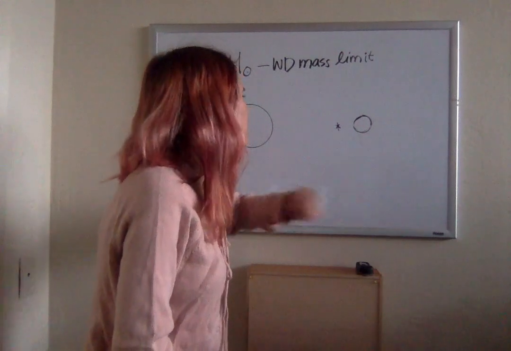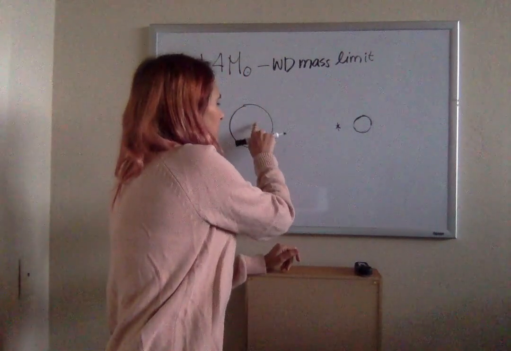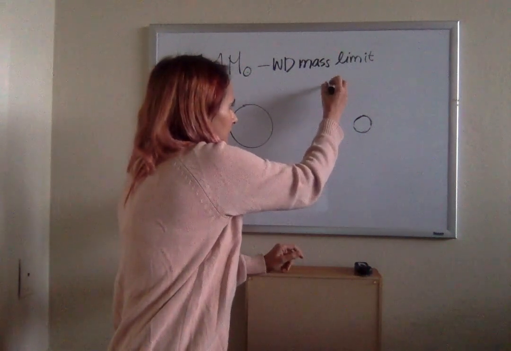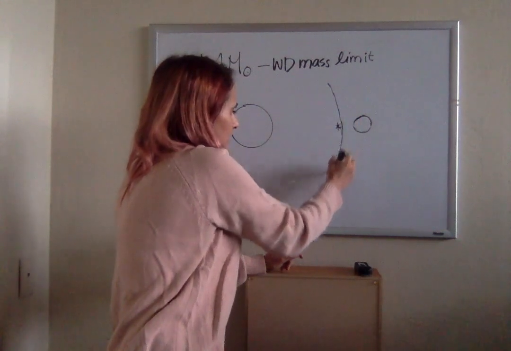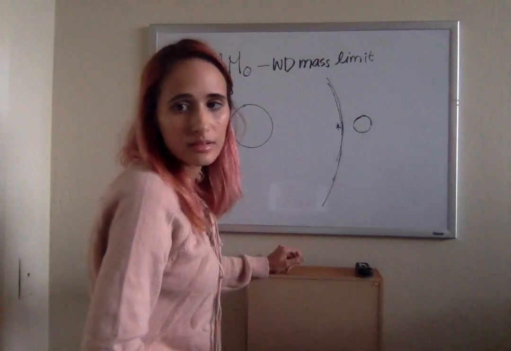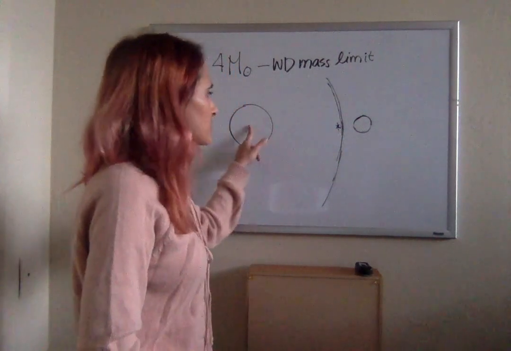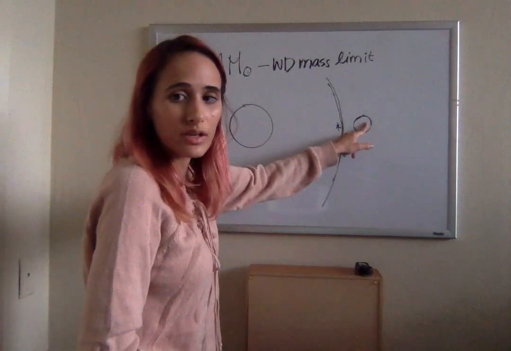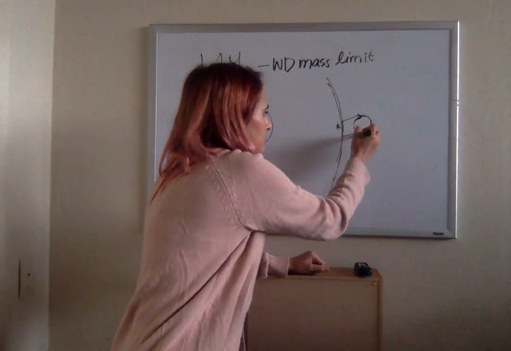So eventually what can happen is this one expands as it goes into its red giant phase, and its outer layers get out here past this line. And these outer layers are going to stop being pulled towards this star, and they're going to start being pulled towards this star. So they're going to go onto this star.